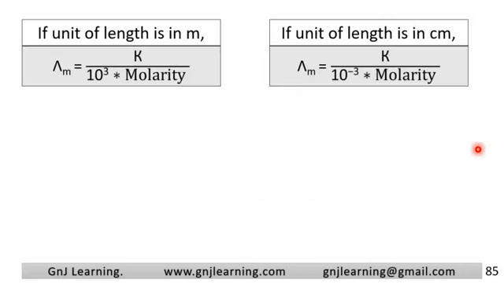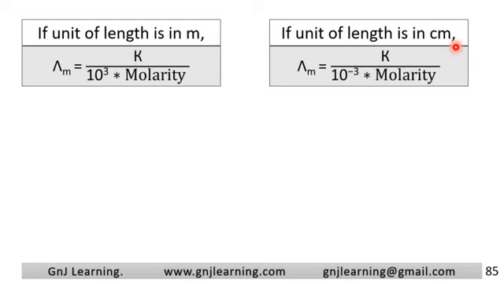So again, if I am repeating, if the unit of length is in meter, when you go for the calculation of lambda m, then you should use this equation, kappa divided by 10 raised to 3 into molarity. In the other case, if the length is in centimeter, lambda m is equal to kappa divided by 10 raised to minus 3 into molarity. So centimeter and meter have the same equation. The only difference is 10 raised to 3 is for meter and 10 raised to minus 3 is for centimeter.